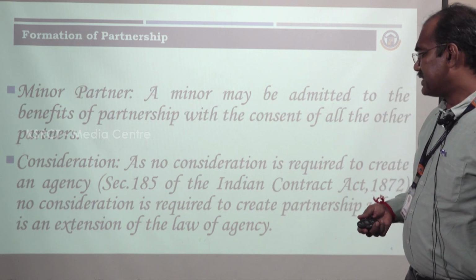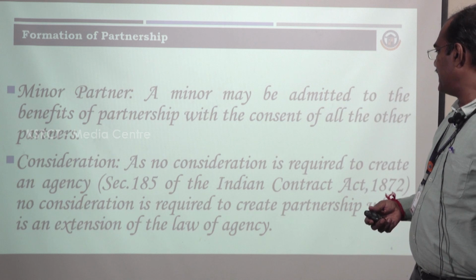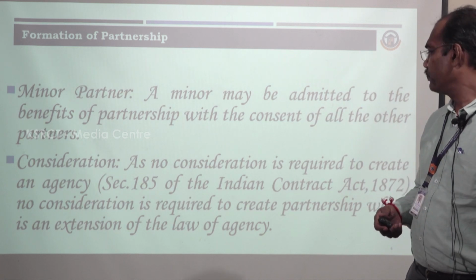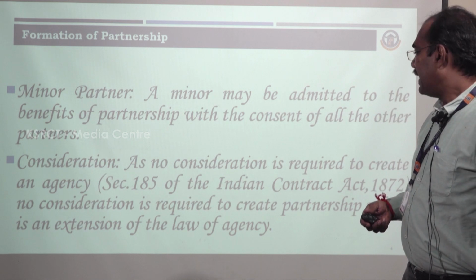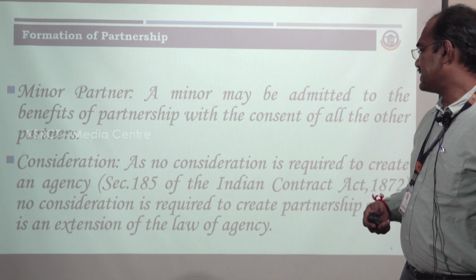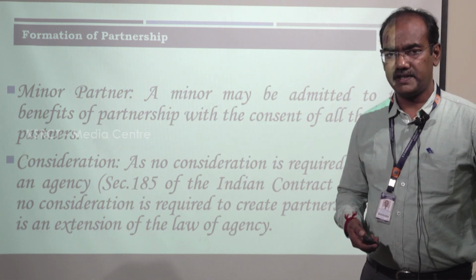And the other point is consideration. No consideration is required to create an agency. According to section 185 of the Indian Contract Act 1872, no consideration is required to create a partnership, which is an extension of the law of agency.